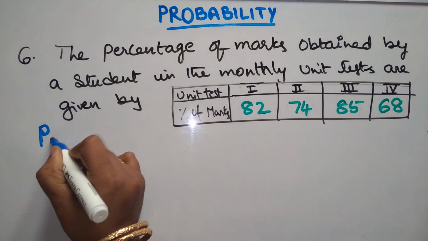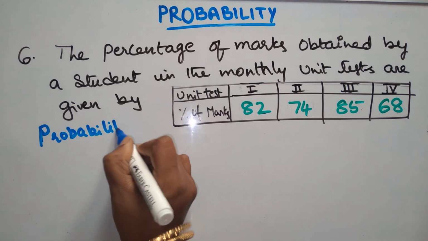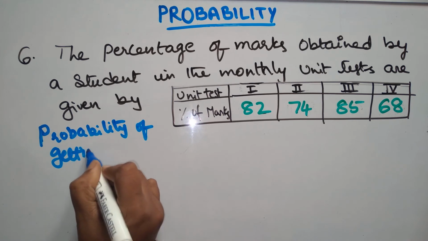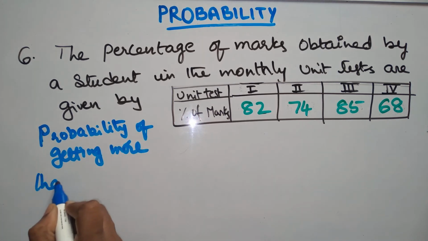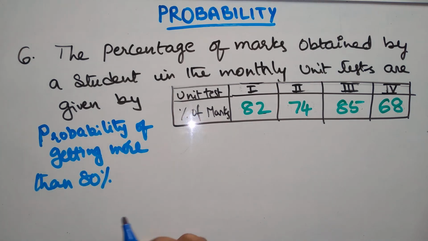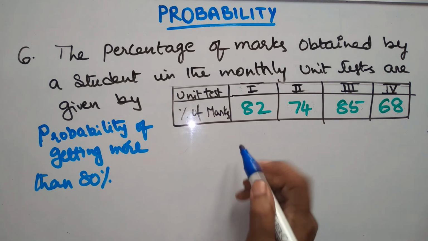Probability of getting more than 80%, that we have to find. Okay. So how many unit tests were conducted?